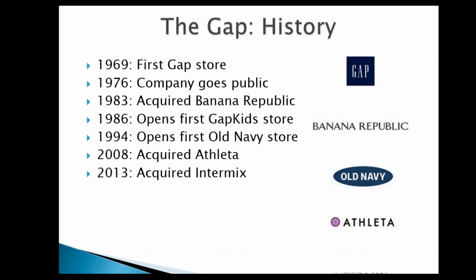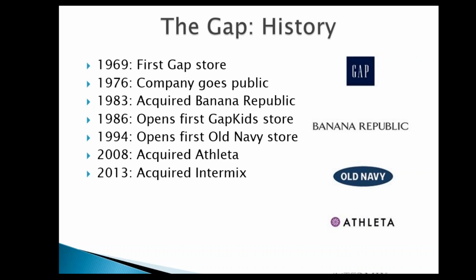So the company goes public, only one company or one brand, The Gap. Then in 1983, quite a few years later, they acquired Banana Republic. At that point, Banana Republic was a safari-oriented store; they did a lot of khakis, mostly for outdoorsy things, and then they turned it into more workwear.